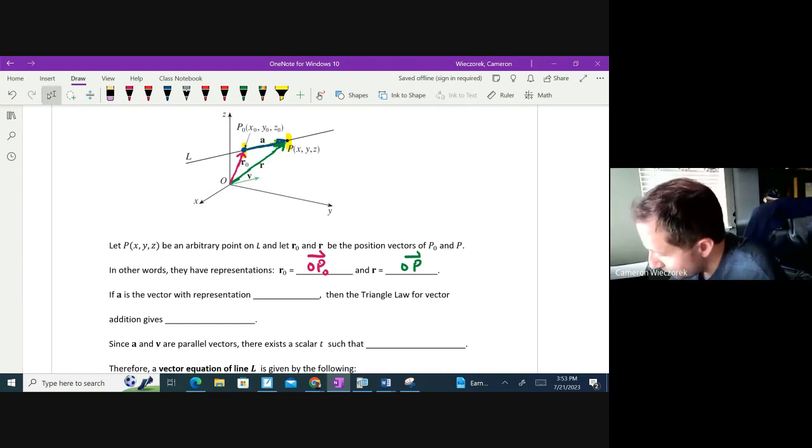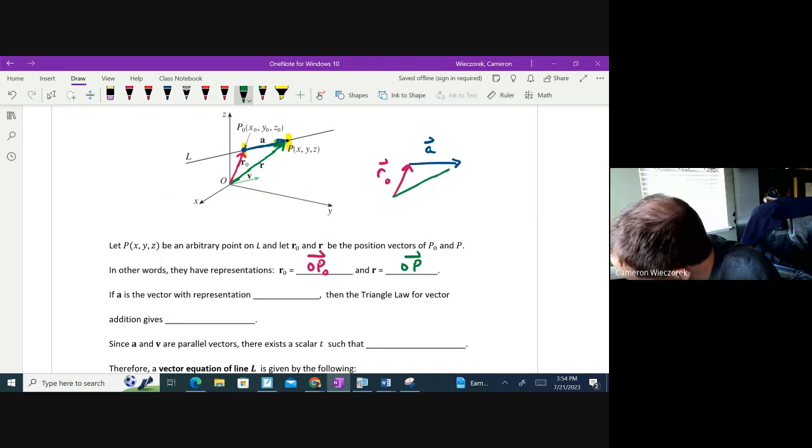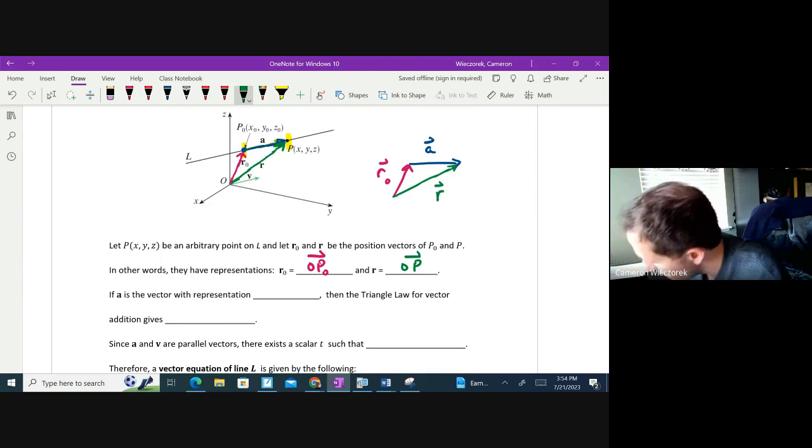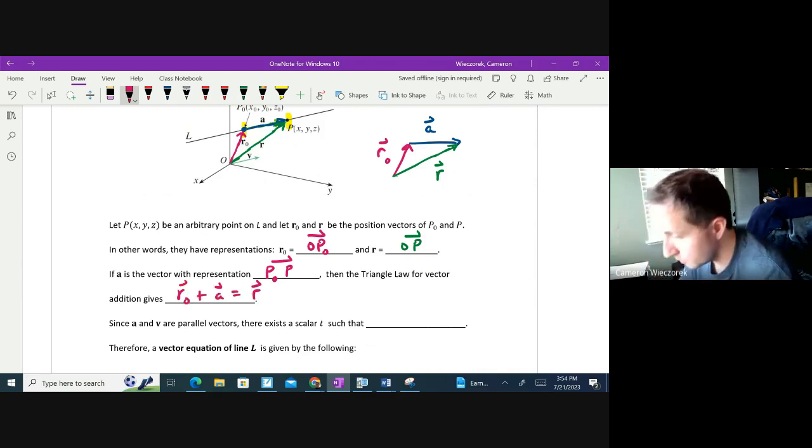Well, the vector representation for A, if we focus on the little triangle setup we have, we have R sub 0, we've got this vector A, and then we've got this vector R. If we think about our tip to tail vector addition that we learned about a couple sections ago, A is the vector with representation P naught P. And if we do our vector addition here, the pink vector plus the blue vector working tip to tail would give us the green vector. So R sub 0 plus A would give us R.